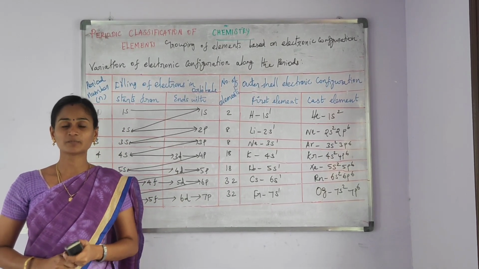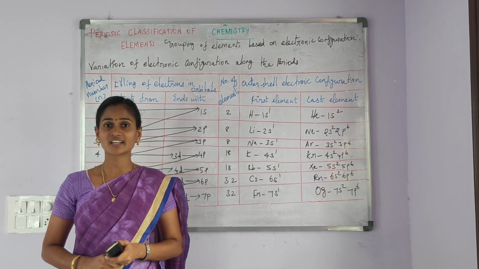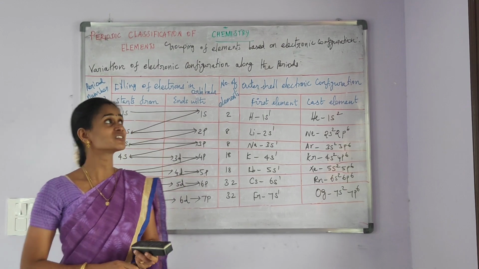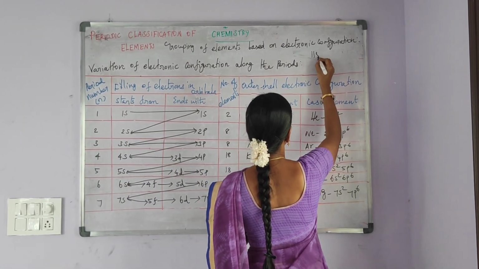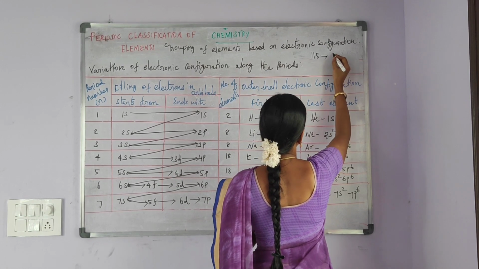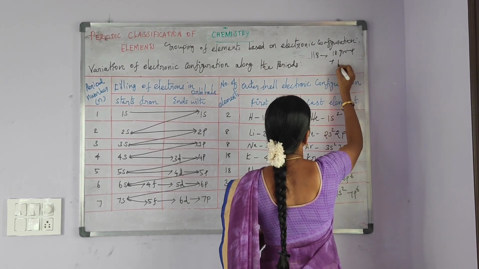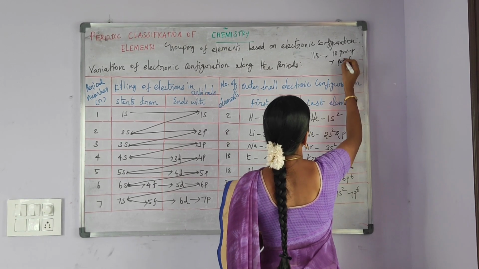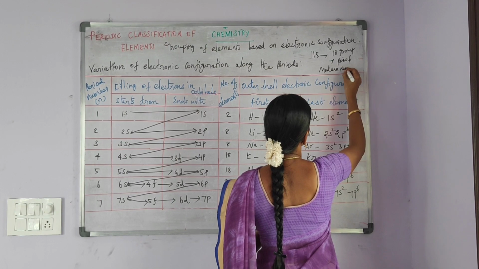In this session we will discuss the topic grouping of elements based on electronic configurations in the modern periodic table. 118 elements are placed in 18 groups and 7 periods based on the modern periodic law.